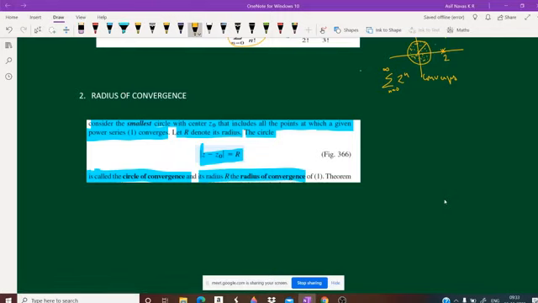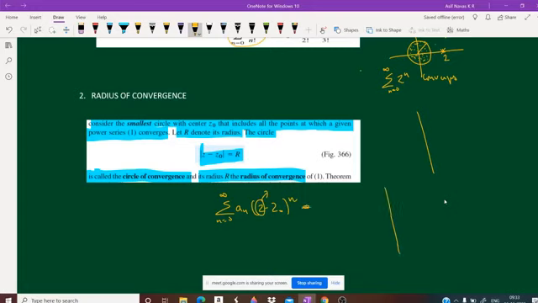If we are given a power series sigma n equal to 0 to infinity a n (z minus z naught) to the power n, then we have to find for what values of z this series converges to a finite limit.